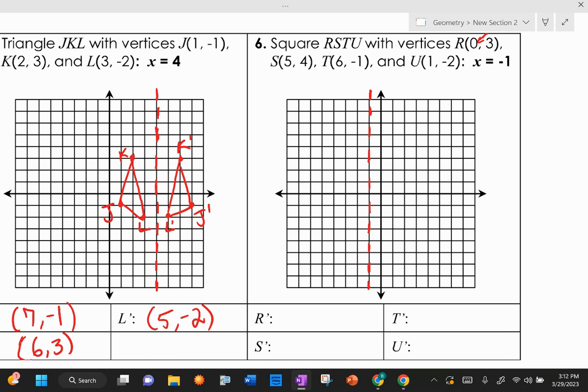So then this one will be right here. So you'd still flip it over the line. You get it now, or do you see it? Where does the new 0 go? How many spaces away from the line of symmetry is 0, 3?